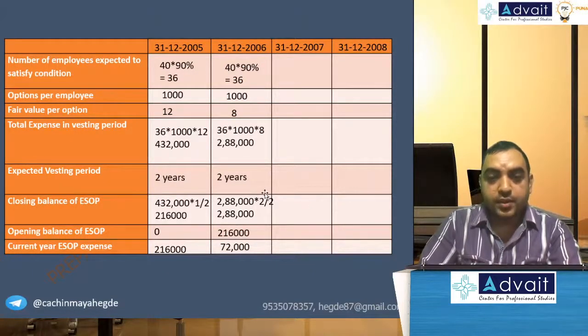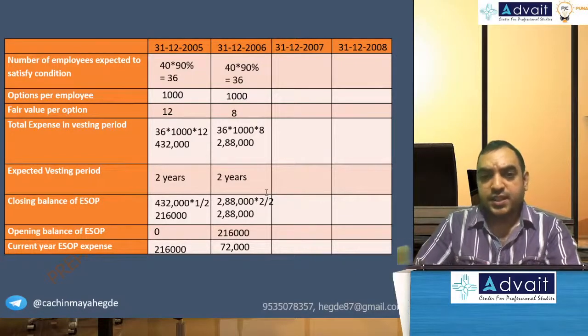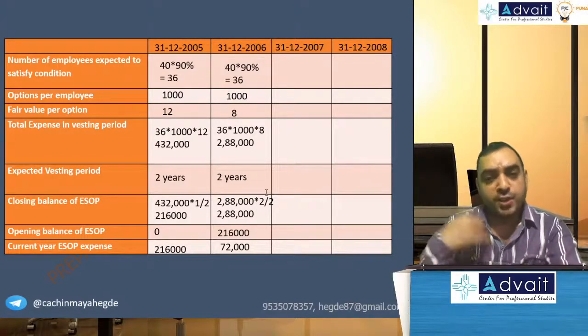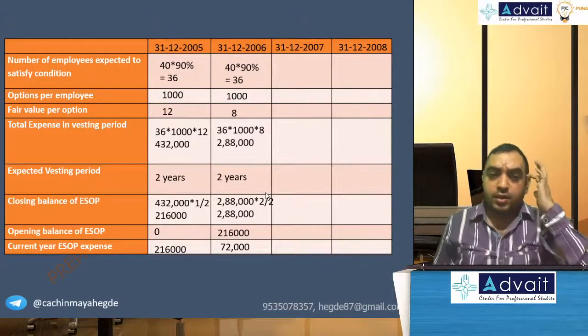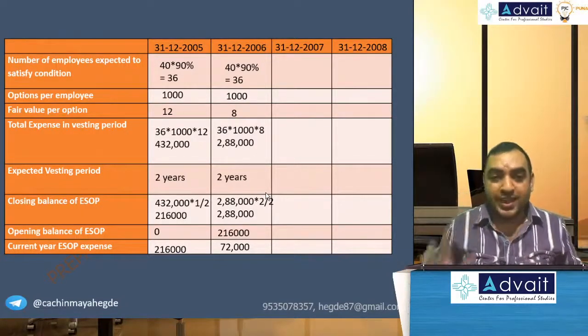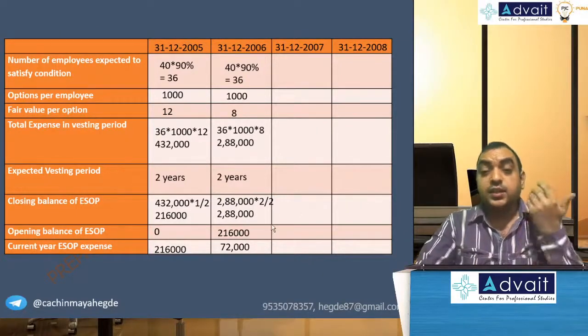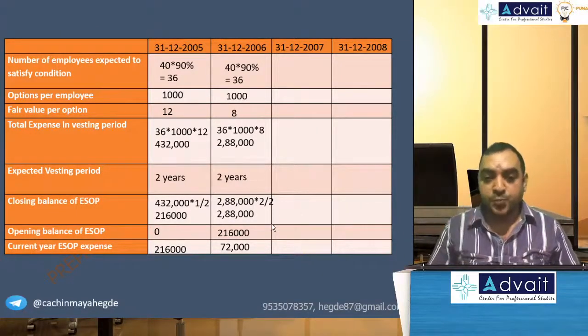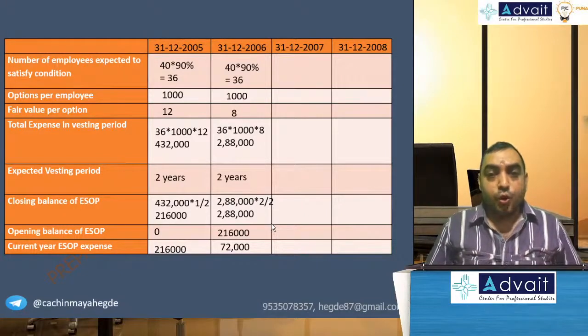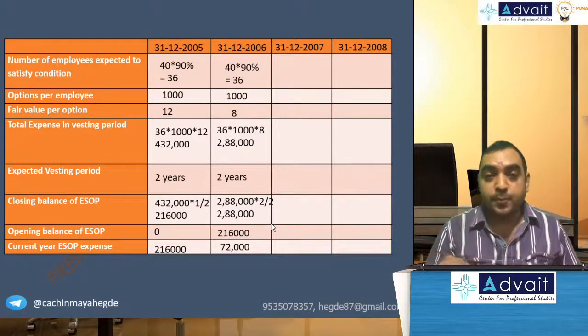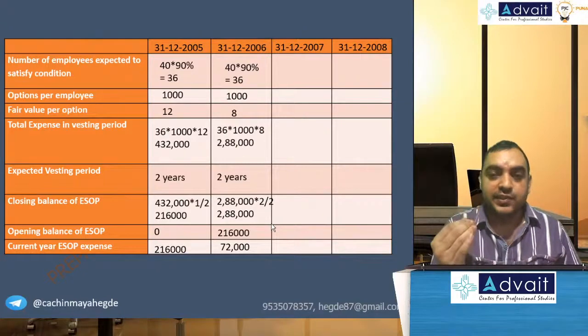Okay. Now, this is the first year, second year, vesting period is over. Now we'll come to the next years. Remember, how many employees have actually exercised? Again, as per expectation, not exercised, vested. 36 employees have vested their options. Now, out of 36 employees, how many have actually exercised?